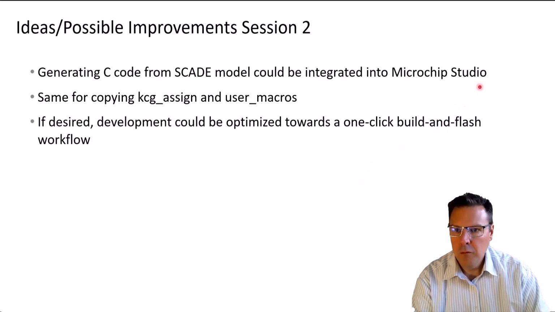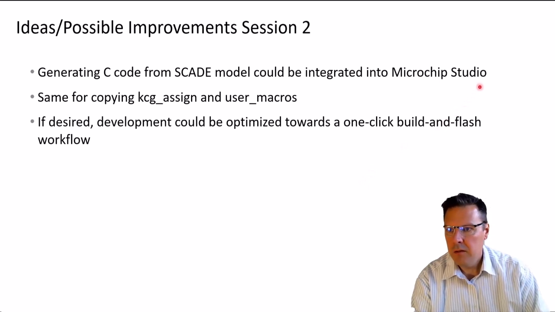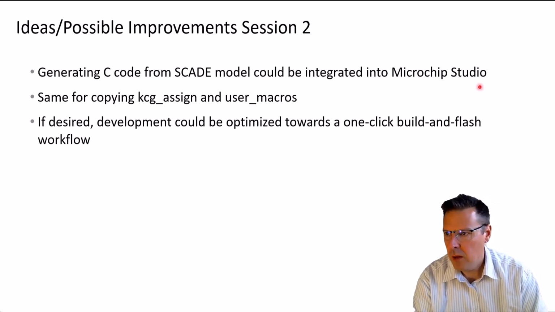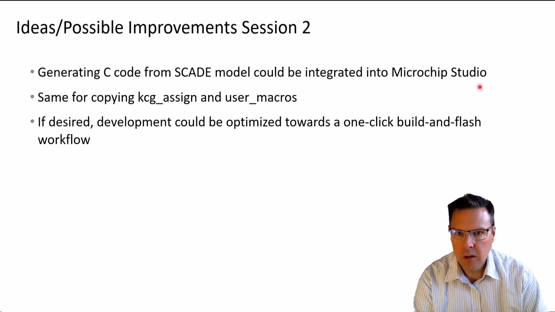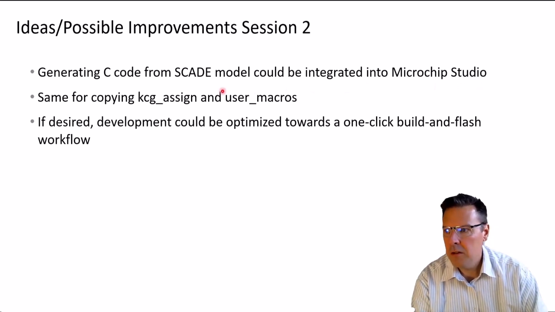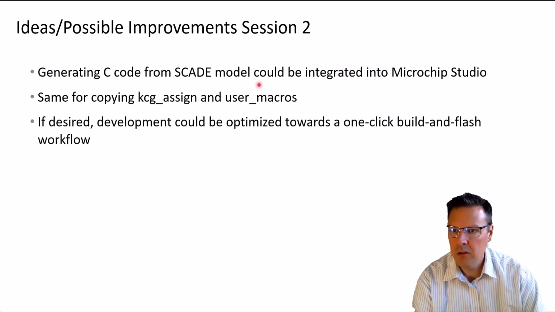What could be improved? I said right now it's a 2-click workflow, but you could even reduce it to a 1-click workflow. One could trigger the generation of C code in SCADE. You could trigger it from Microchip Studio as a pre-compile event, I remember.